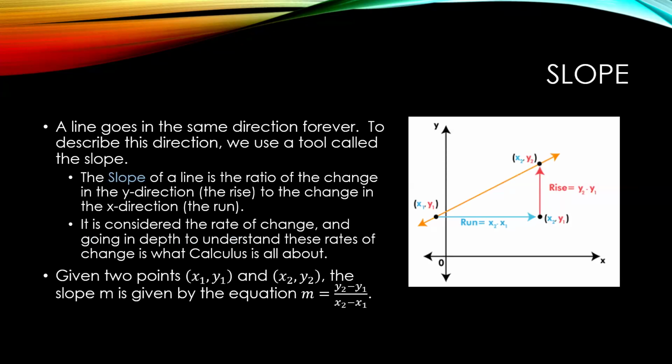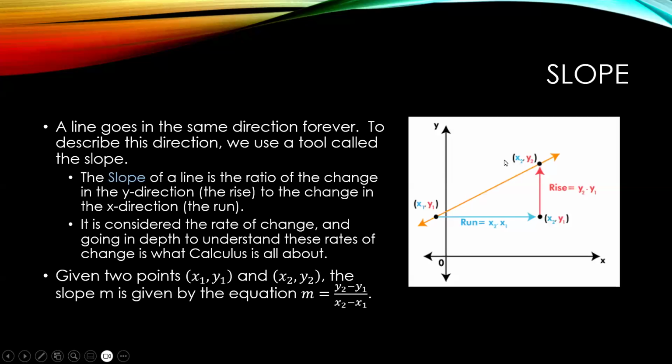The slope is a way of measuring the angle or the rate of change of a line. The slope of a line is the ratio of the change in the y direction to the change in the x direction. Sometimes we think of this as rise over run. Well, we can measure these things.